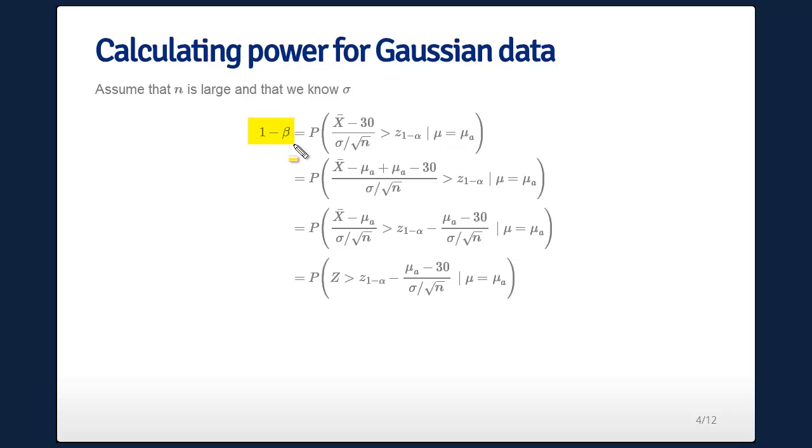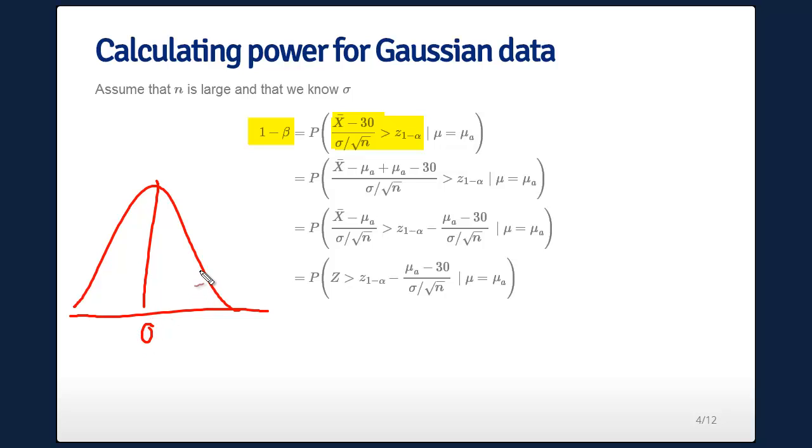So 1 minus beta is the power. Let's calculate the power. Here's our test, and I'm ditching S for sigma just to make things less complicated. So instead of a T, we're going to reject with a Z. We reject if our normalized test statistic is bigger than the appropriate critical value. Here's the distribution of our normalized test statistic under the null hypothesis.